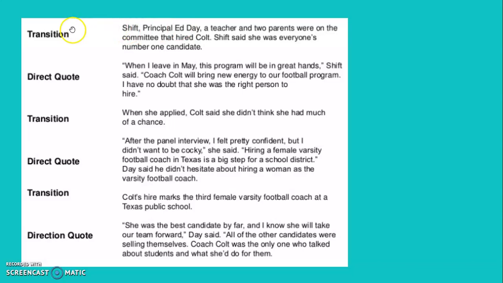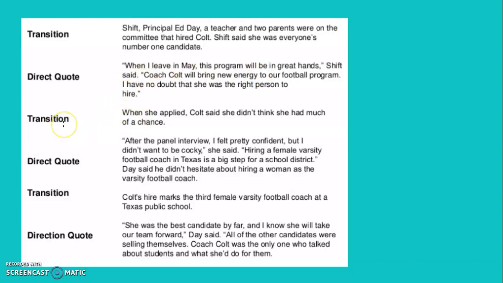Take a look at this slide, on the left side. If you can observe, the paragraph would be about the transition. Then it would be followed by a what? A direct quote, like this one, and then a transition again.